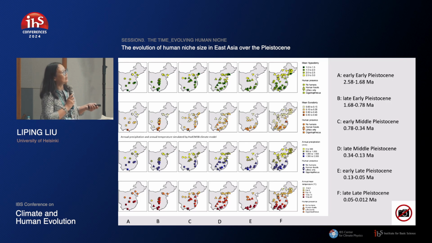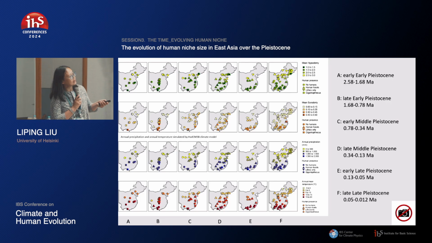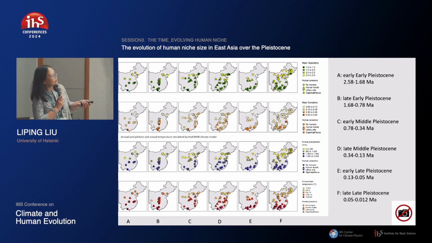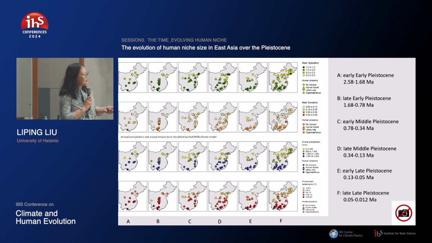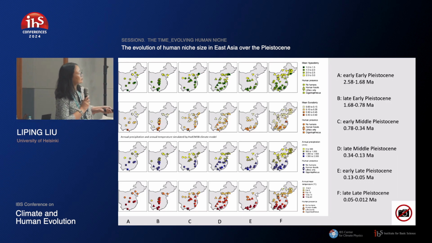Meanwhile, we used the paleoclimate extracted from the HadCM3B model, to see how the annual precipitation and annual mean temperature are simulated. And you see the whole pattern matches quite well, although I found the paleoclimate model simulates higher temperature than the fossils. But anyway, the patterns are quite similar.